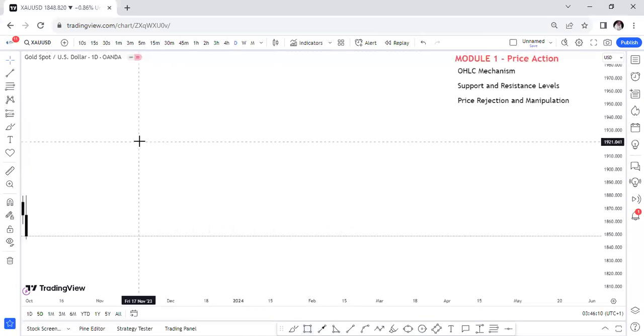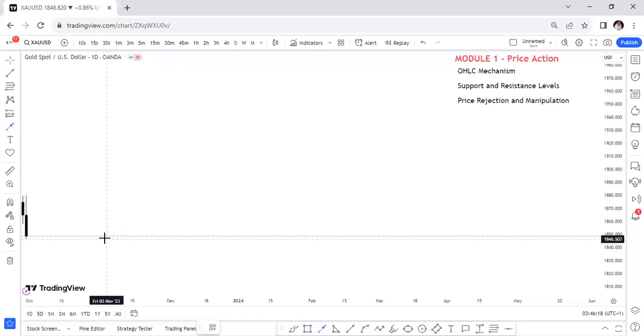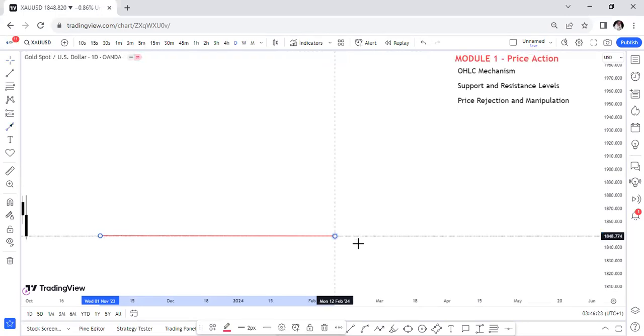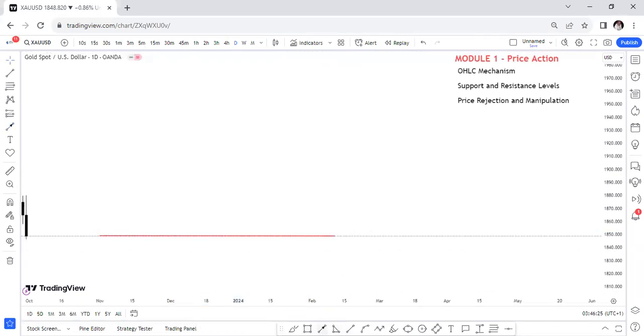Price action is simply the movement of supply and demand along the price time chart. In layman's language, the movement of supply and demand along the price time chart.